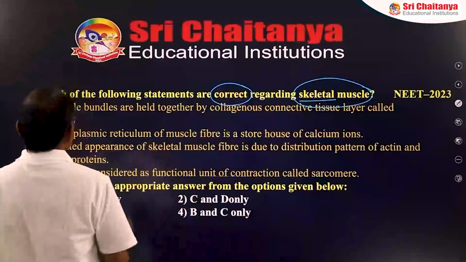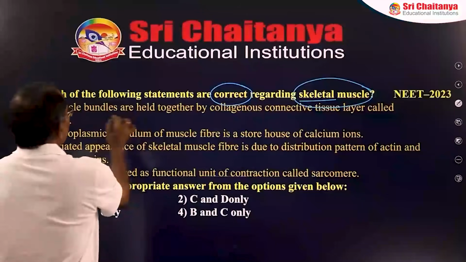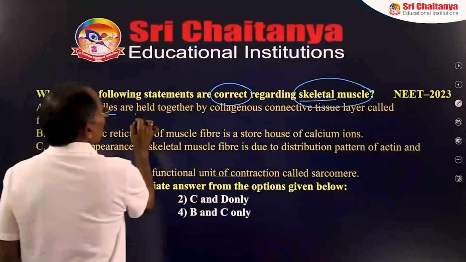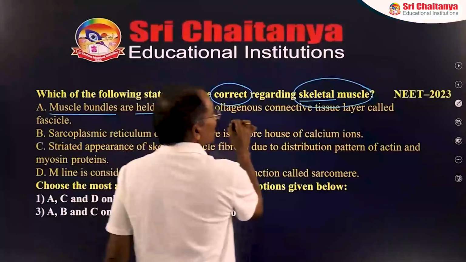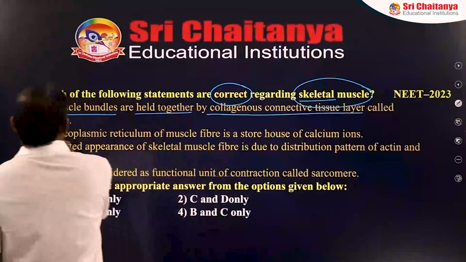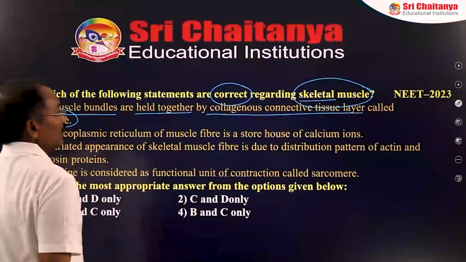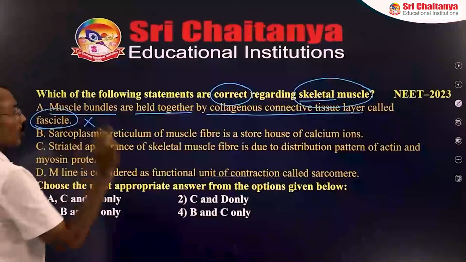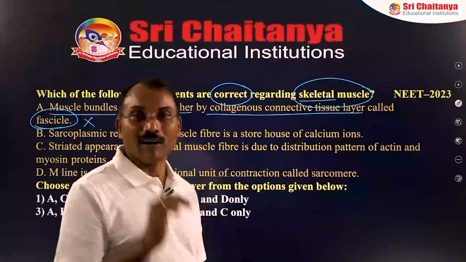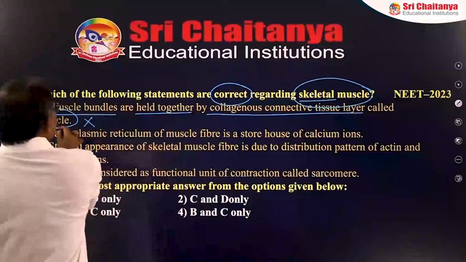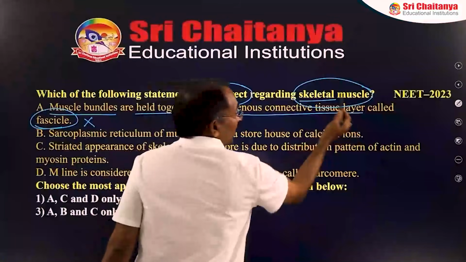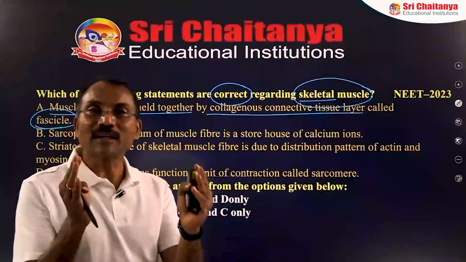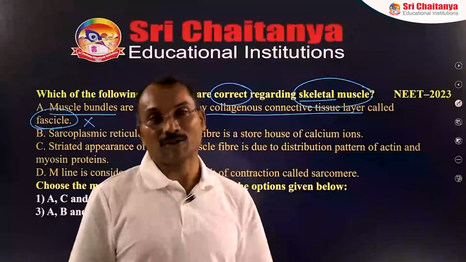Okay. Muscle bundles held together by collagenous connective tissue layer called fascicle. This is wrong statement because fascicle is not the layer. Fascicle is the bundle of muscle fibers.